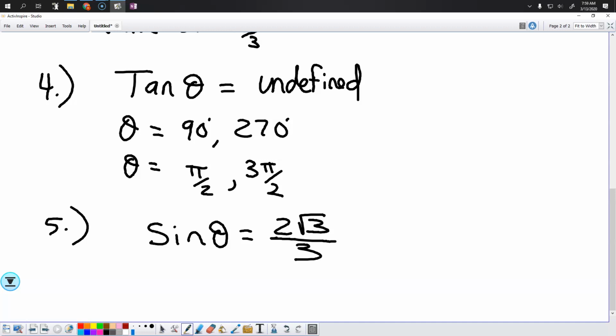A y value. Do you guys see a y value of 2 radical 3 over 3? No, it's not there. Okay. That doesn't mean there's not an answer, just so you guys know. But it does for today, and here's why. Because today we're only doing angles on the unit circle. So if you don't see that on one of your options, then just say no solution.